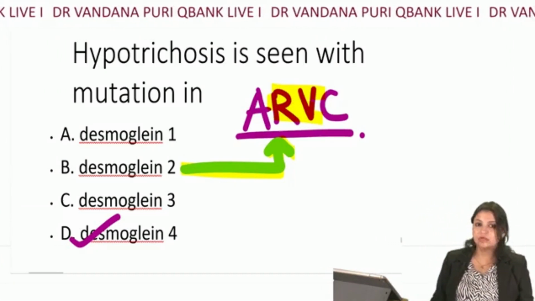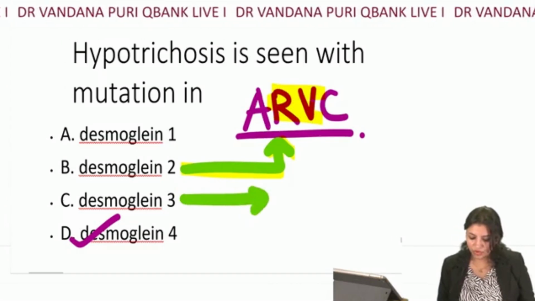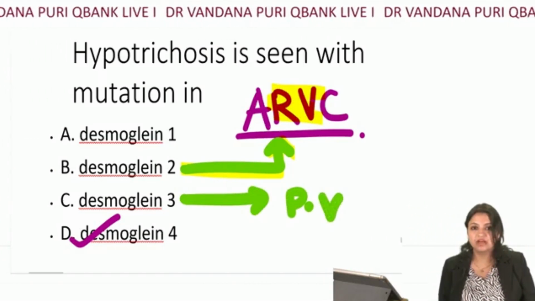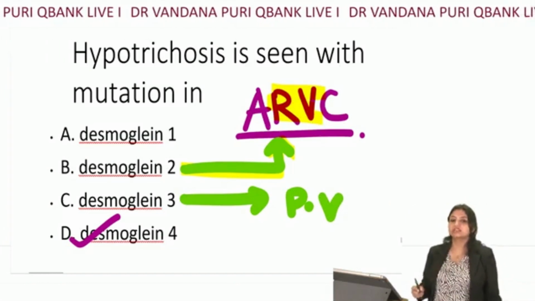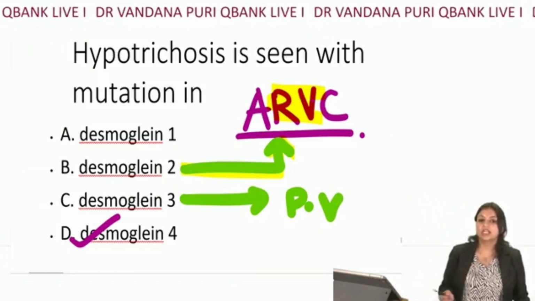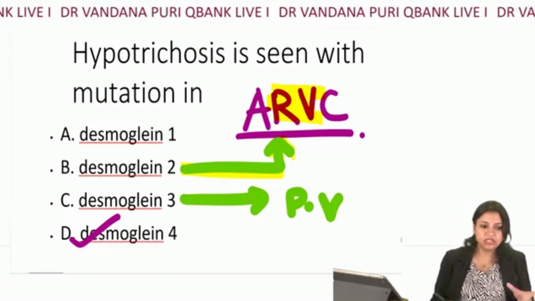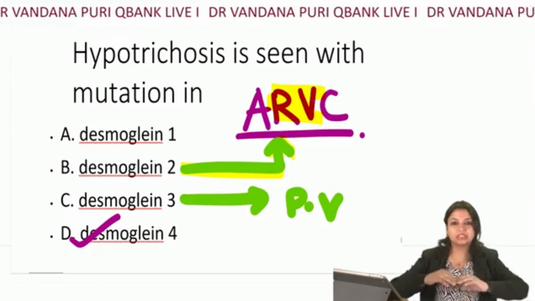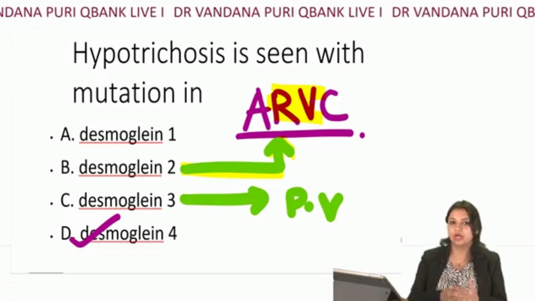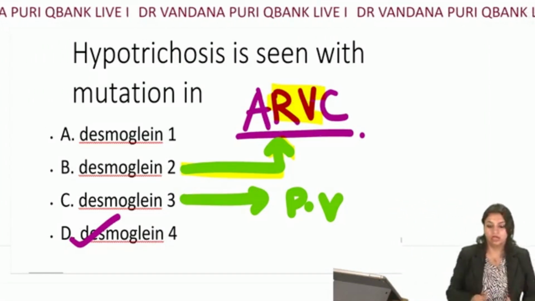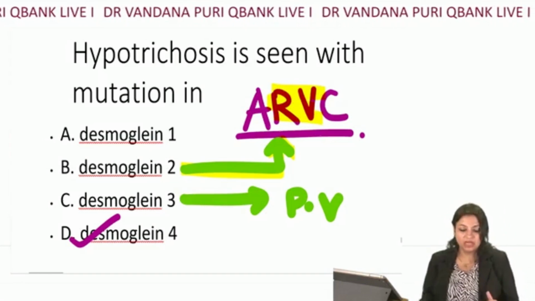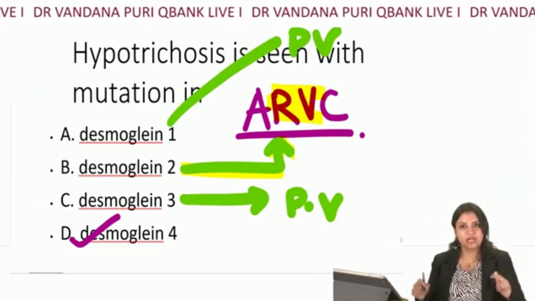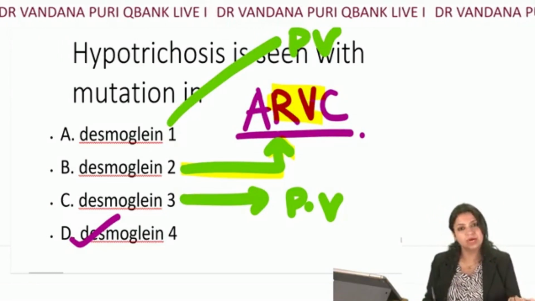About desmoglein 3, all of you know desmoglein 3 mutations typically occur in pemphigus vulgaris. Pemphigus vulgaris is a bullous lesion of the skin, and antibodies are formed against desmoglein 3. The patient gets a suprabasal bulla. Pemphigus vulgaris can also have desmoglein 1 involvement, but desmoglein 3 is much more common.